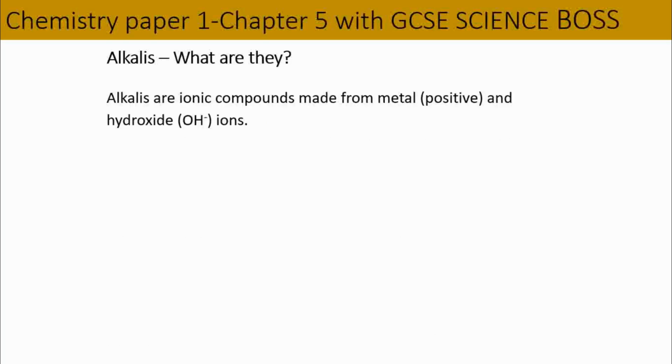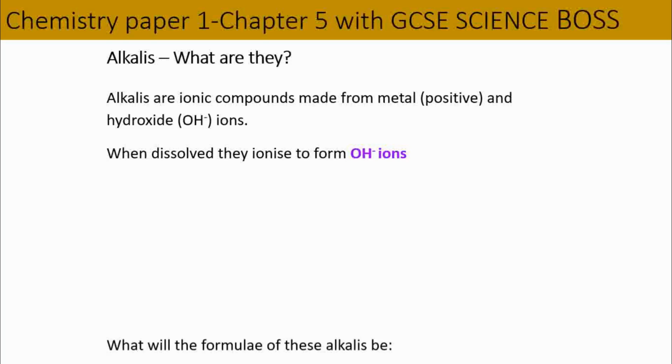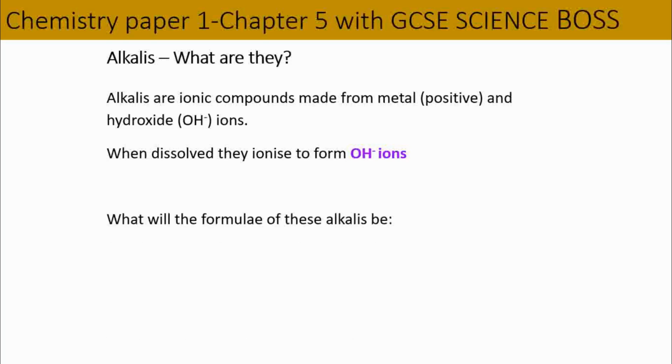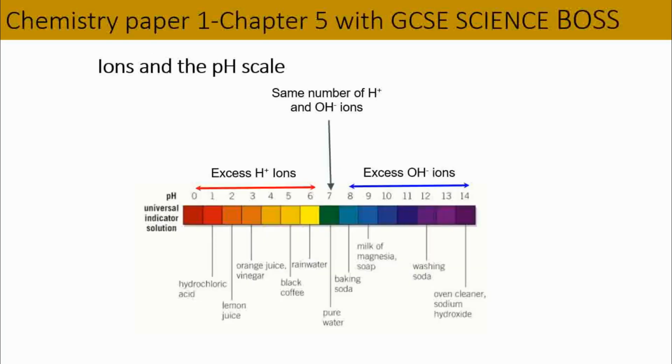Now, alkali. Alkali is any substance which releases the hydroxide ion. All right, so any substance which, when ionized in water, releases the hydroxide ions. And you need to know the formulas for your alkalis. All right, so you can see here sodium hydroxide is NaOH, potassium hydroxide is KOH. Now, how does this link to the pH scale?